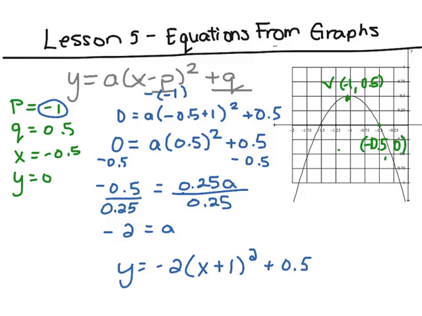And again, if you wanted to put this into general form, you would expand out your brackets. So you'd have x plus 1 times x plus 1 times negative 2 plus 0.5.